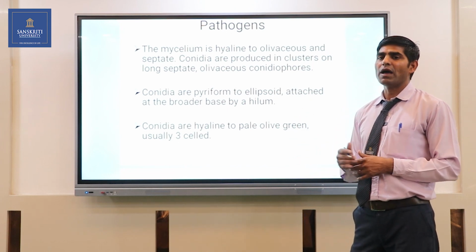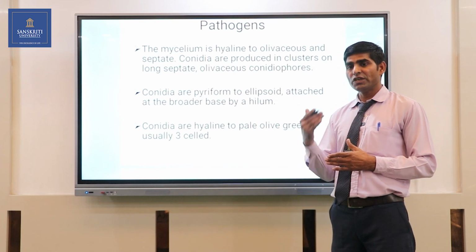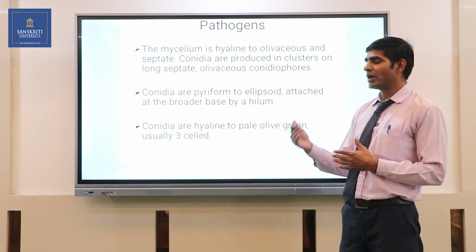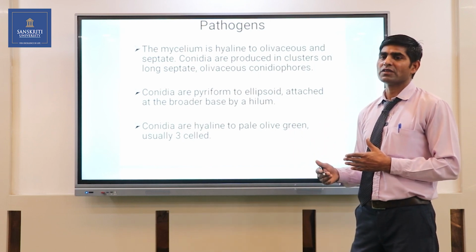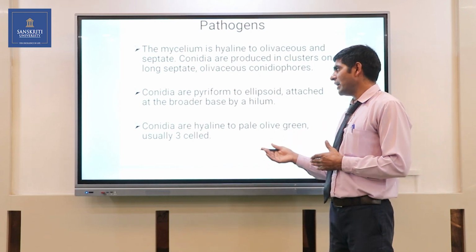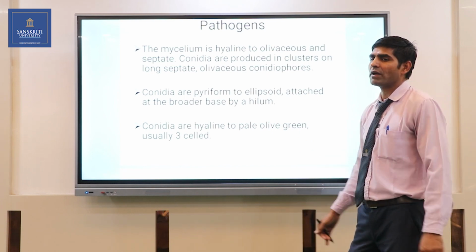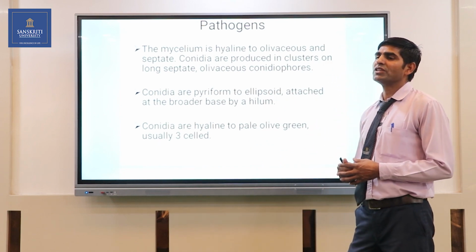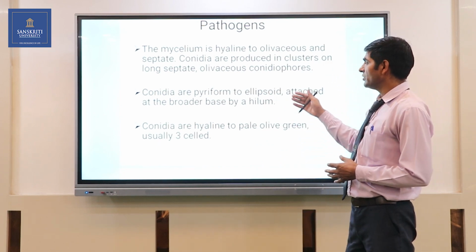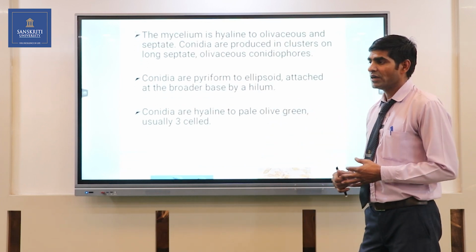It can survive on the crop residue for 3 years, 6 years, and when favorable conditions come, the spores of this fungus infect the crops. And the third one is the volunteer plant. As you all know, some volunteer plants grow along with the rice crop. These volunteer plants are the main source of infection.